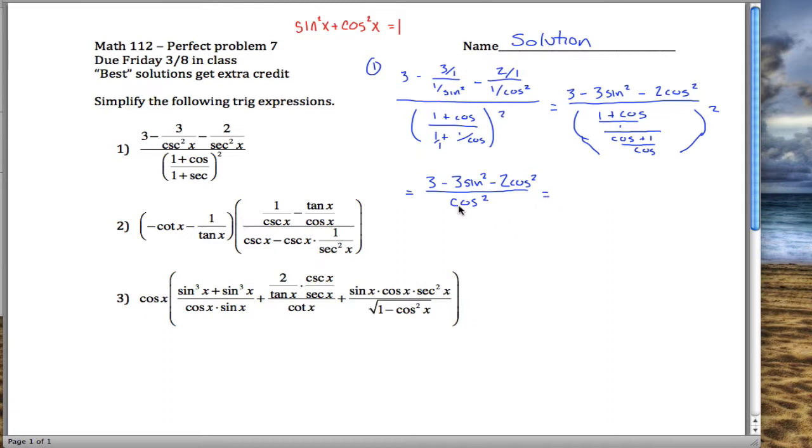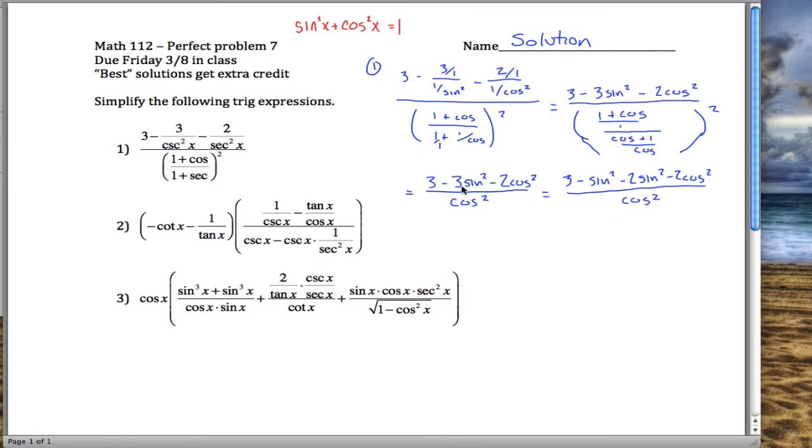Let's see, a trick that'll be kind of handy here is viewing this as 3 minus sine squared. If I take out one of the sine squareds, I'm left with, well, I'll write it out. I don't want to skip too many steps. Minus 2 sine squared minus 2 cosine squared divided by cosine squared.